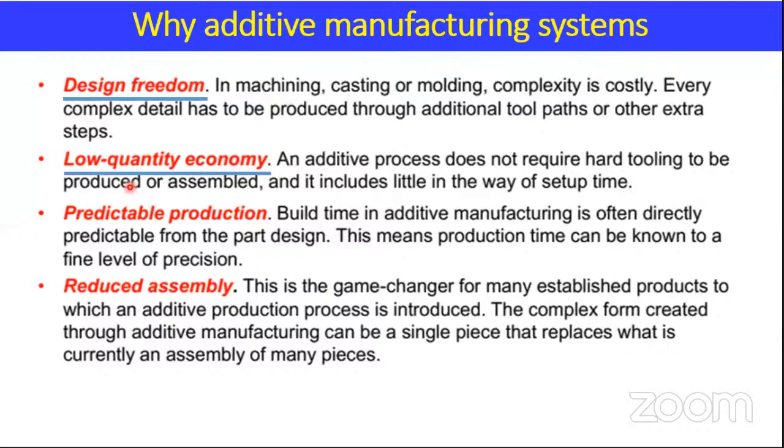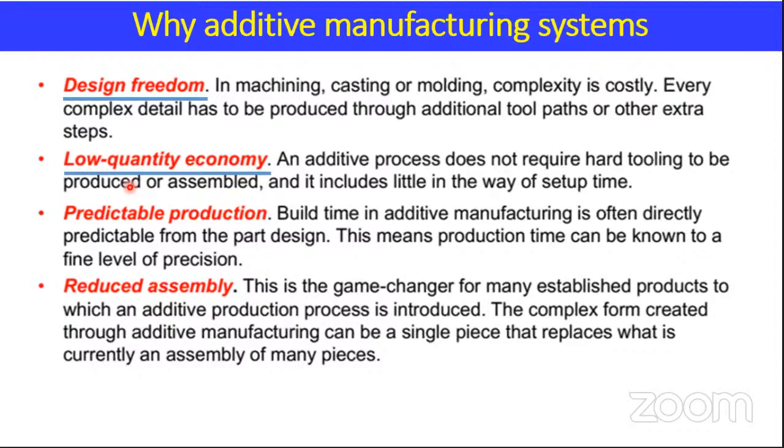And when we have low quantity parts to be manufactured, as we also looked at in the previous graph, the additive manufacturing route is very economical, right? So obviously we can't go for the conventional manufacturing process for a very small number of parts.